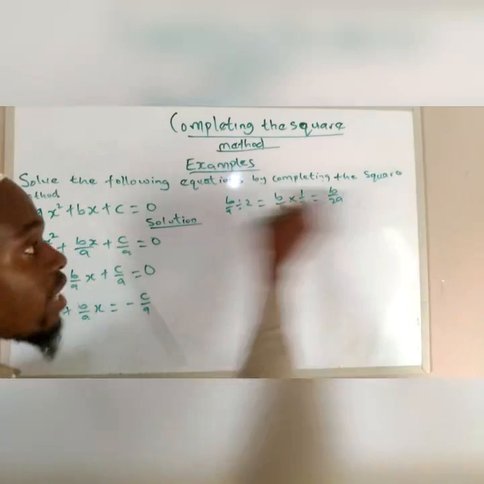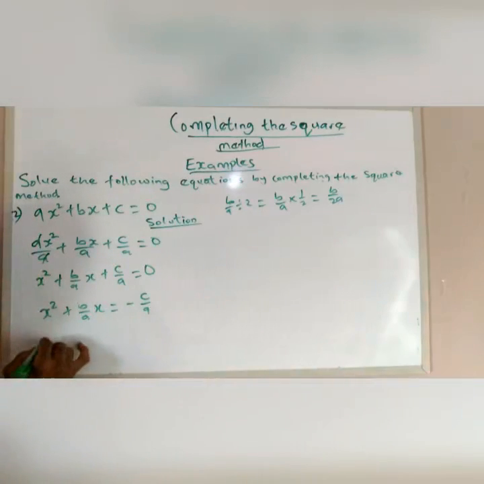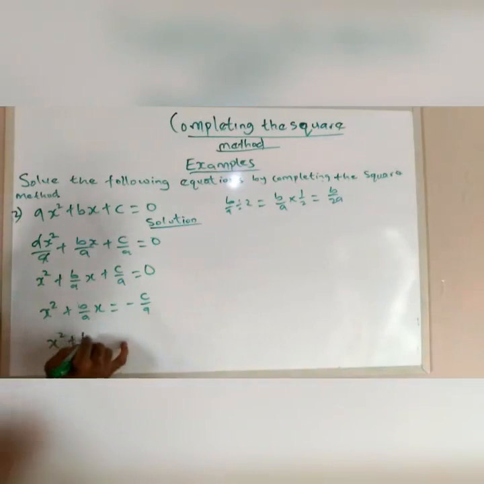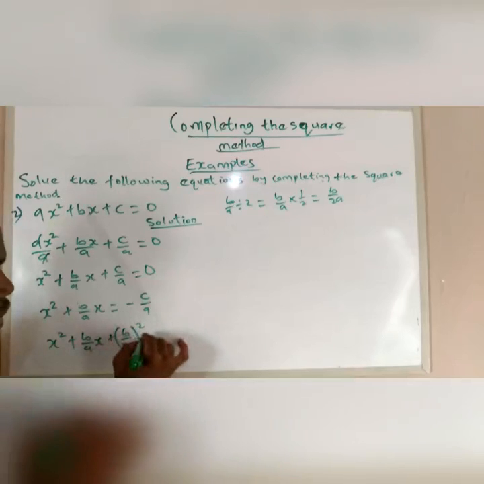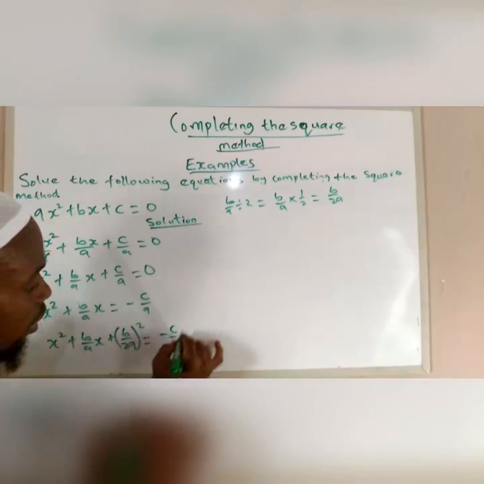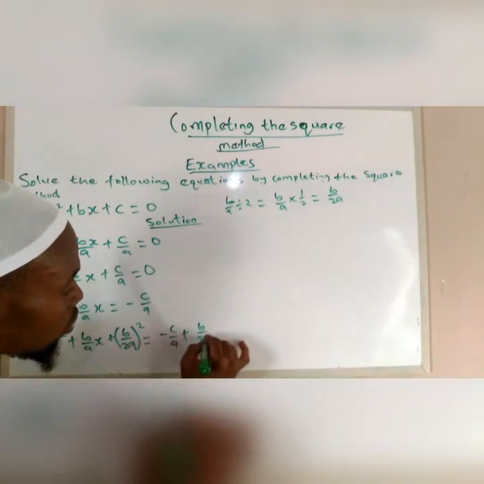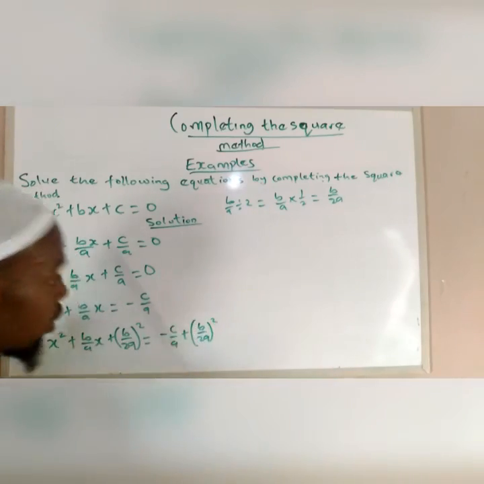So you square it and add it to both sides. So we have x squared plus b over a x plus b over 2a all squared to be equal to minus c over a plus b over 2a all squared.